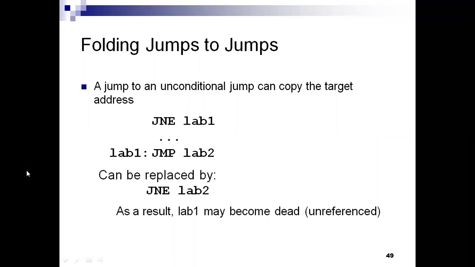What we are doing by using this transformation is just eliminating the unnecessary jump on jumps. See the example, initially label 1 is jump label 2, and directly it can be replaced by jump label 2, because as a result label 1 may become dead. That means we can call it an unreferenced jump, right?